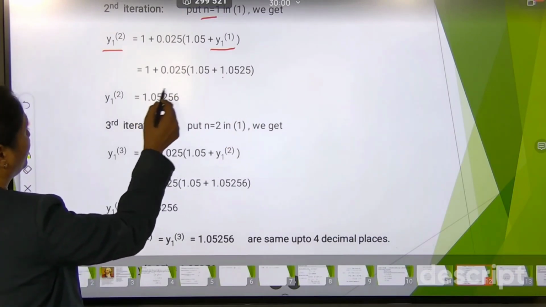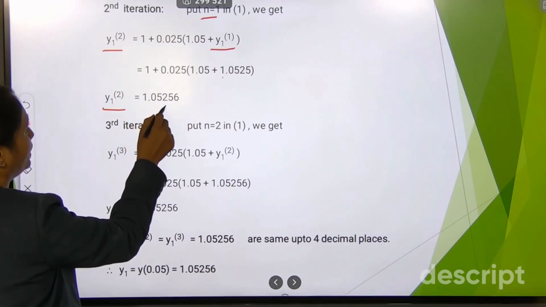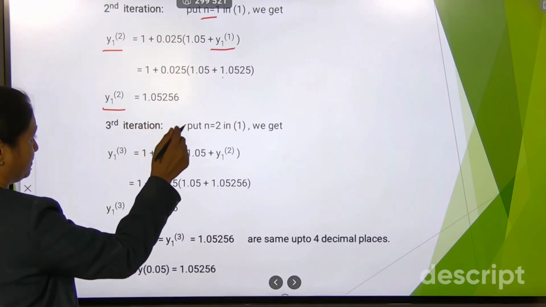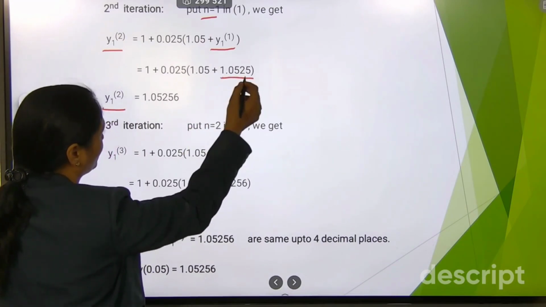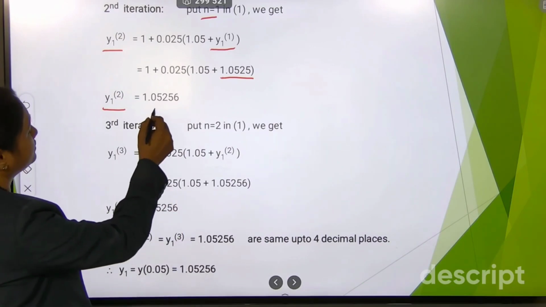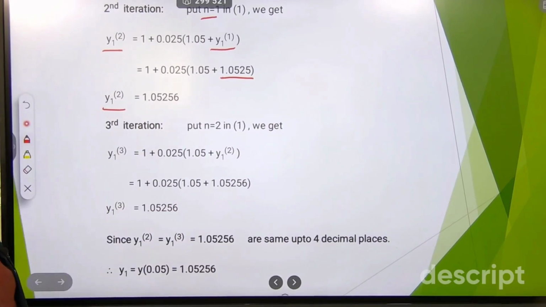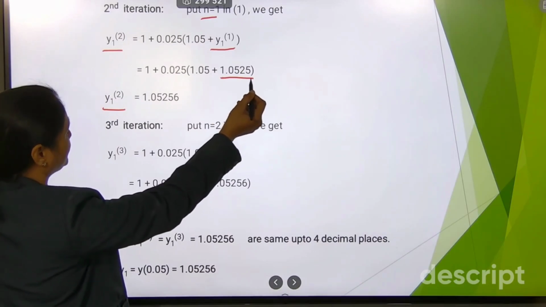After calculating this, we get y1 2 is equal to 1.05256. Comparing with the first iteration value, it is correct up to 4 decimal places.